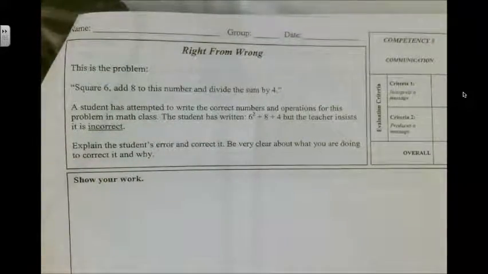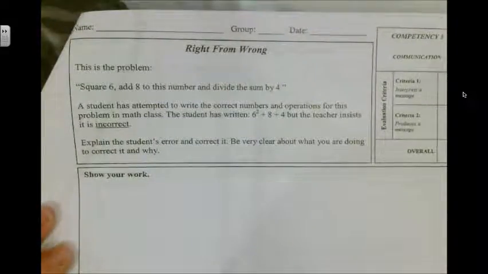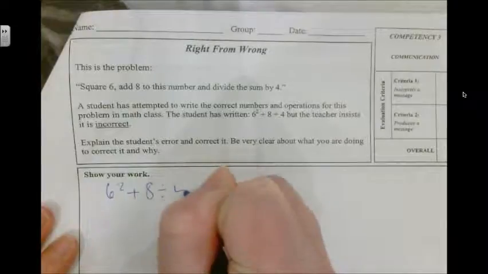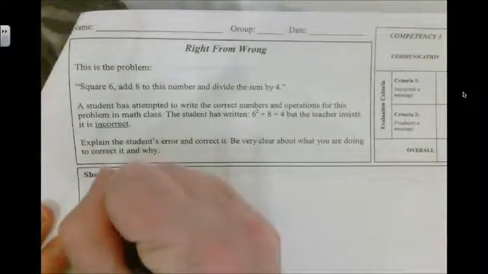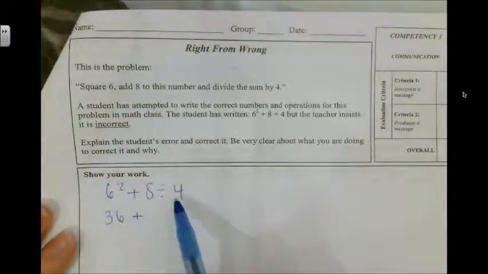So we have to be very clear about why, while we're explaining the correction that we did. So if you do 6 squared plus 8 divided by 4, like this student did, if you're following order of operations, yes, you would do 6 squared is 36, plus, then it says 8 divided by 4.